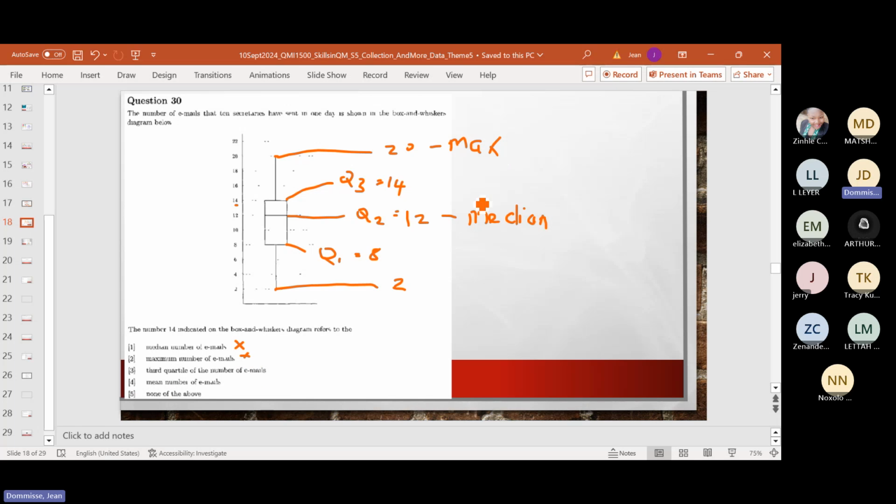The third quartile, okay, great, it is the third quartile. The mean number of emails, I don't know what the mean number is, so definitely not that one, and it's not none of the above because it is Q3. Okay, so that might be a way that they can ask you to look at this and pick an answer out of a set of options.